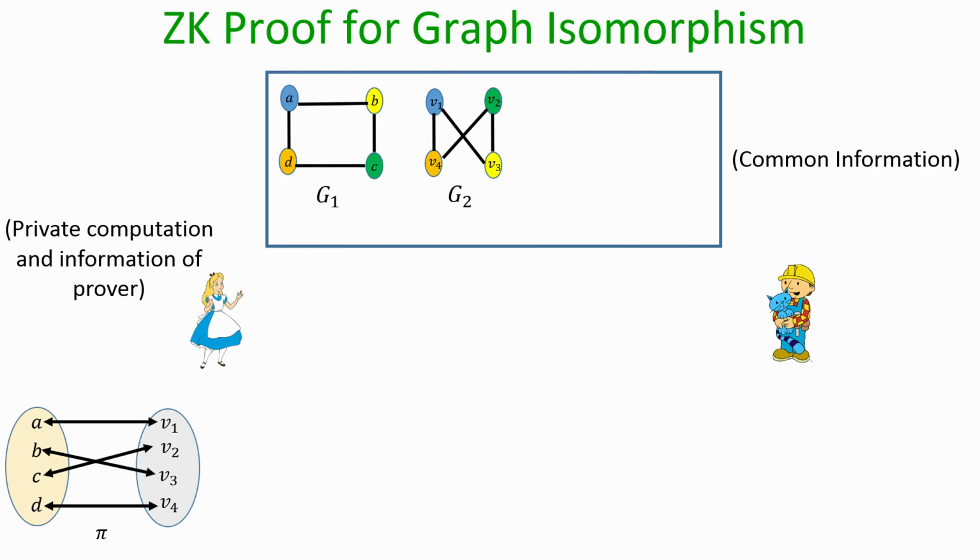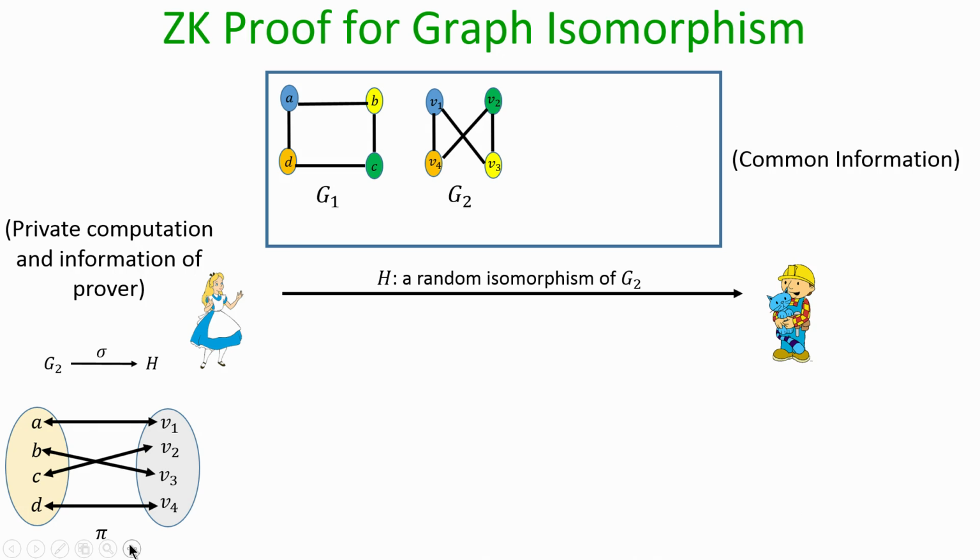So, let us see how exactly the zero knowledge protocol is designed here. In this rectangle box I have highlighted the public information. The public information available to both Alice and Bob is the description of the two graphs, and the private information available with Alice, the prover, is the witness pi, the mapping from the vertex set of the first graph to the vertex set of the second graph.